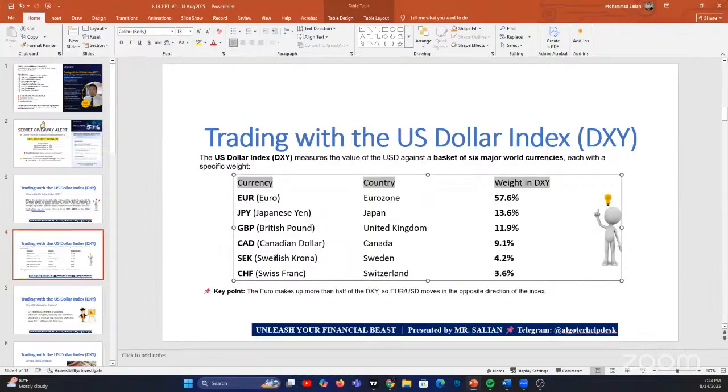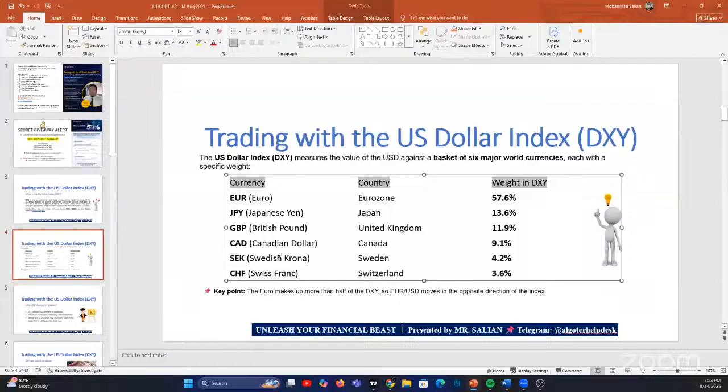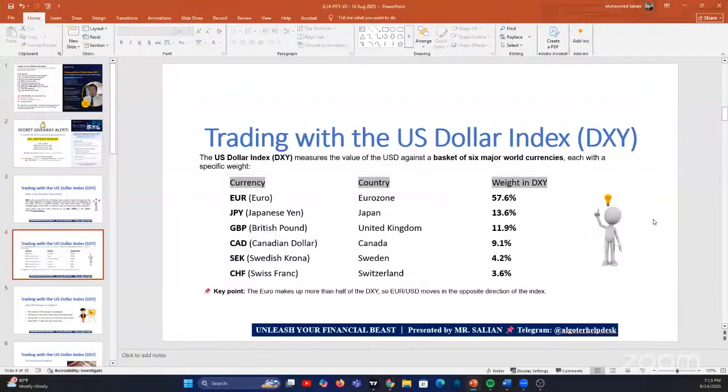Though we are not trading such currency often, it is included because it has power in the currency exchange. And lastly, the CHF, or the Swiss franc. These are all the countries and their weight in the DXY.